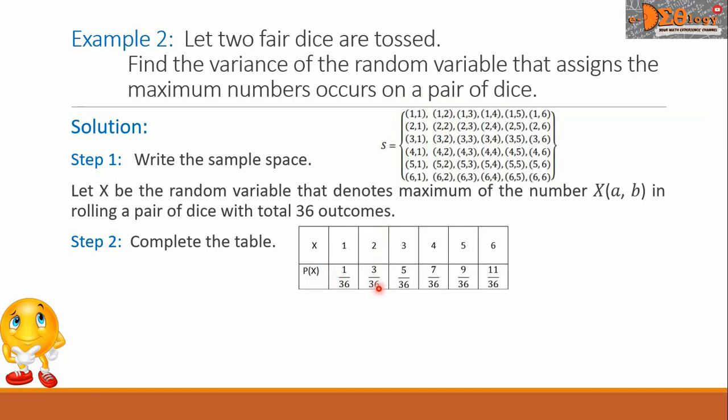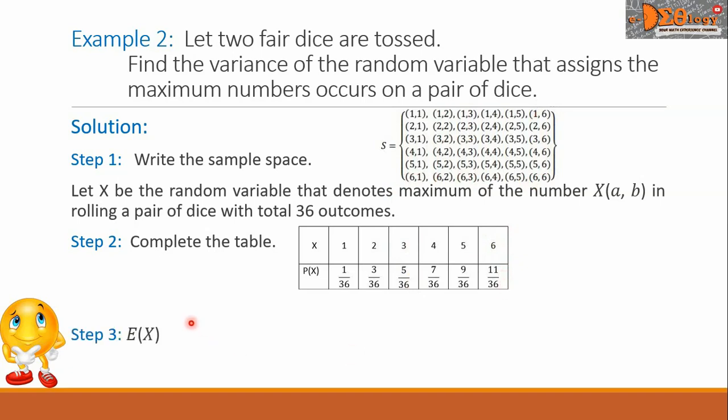So probability is 3 over 36. For number 3, there are 5 sample points. So probability is 5 over 36. Going to number 6, there are 11 sample points where the maximum number is 6. So the probability is 11 over 36.